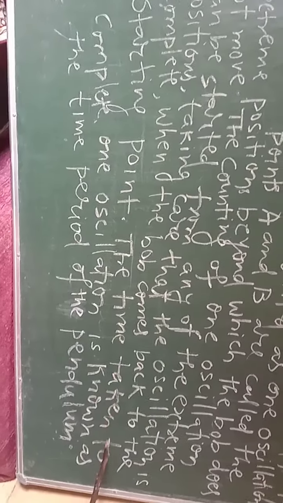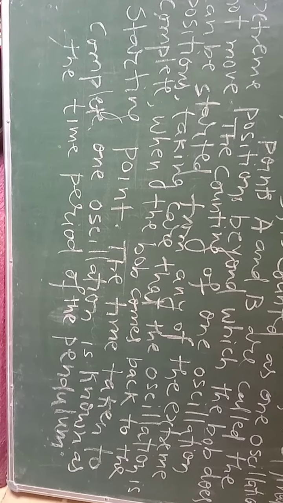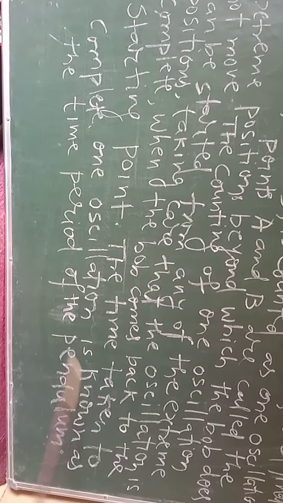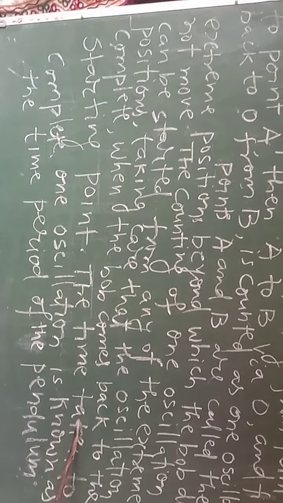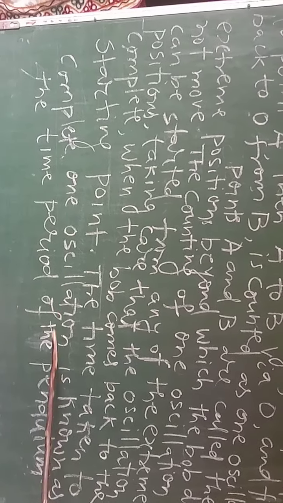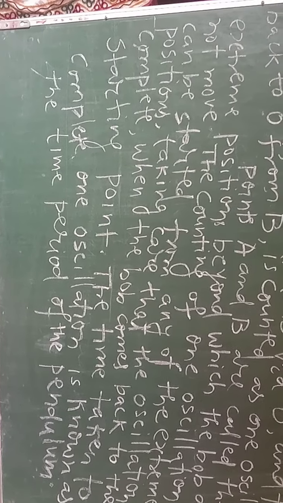The time taken to complete one oscillation is known as the time period of the pendulum. To whom do we call the time period of the pendulum? The time taken to complete one oscillation is known as the time period of the pendulum.